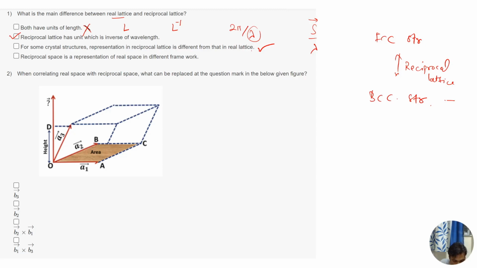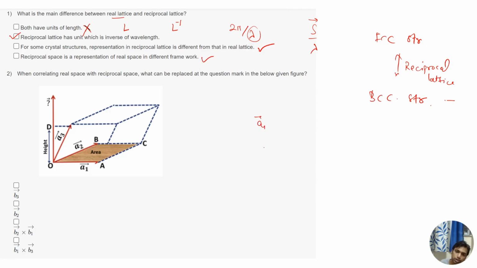Now the fourth point, let us see. Reciprocal space is a representation of real space in a different framework. So this statement is also true because we are just representing.